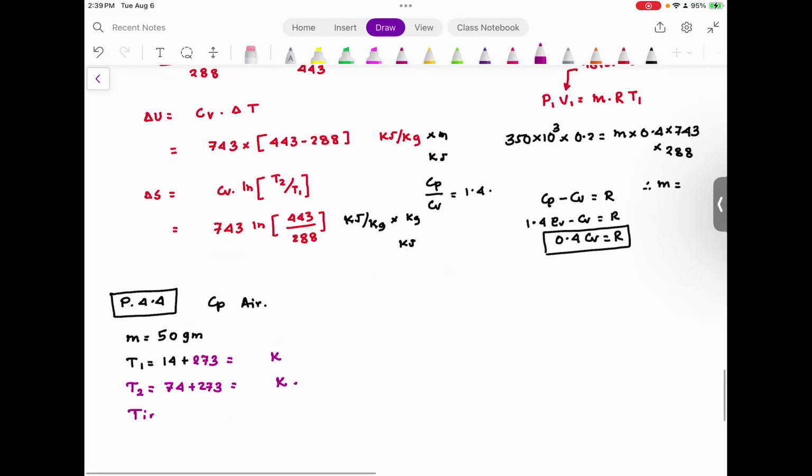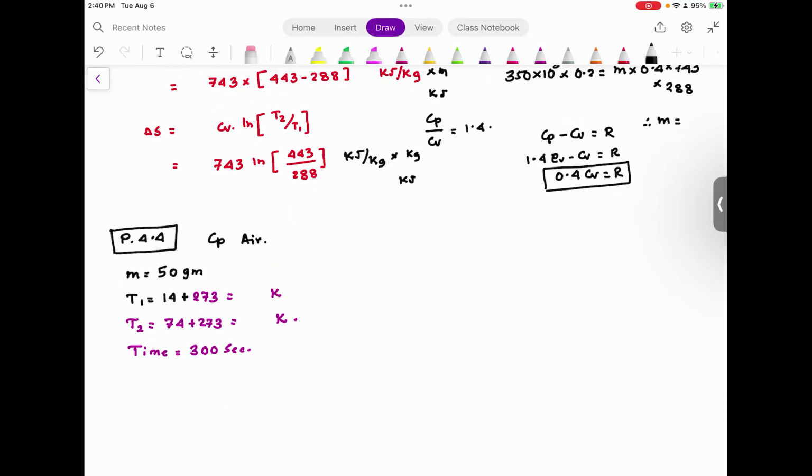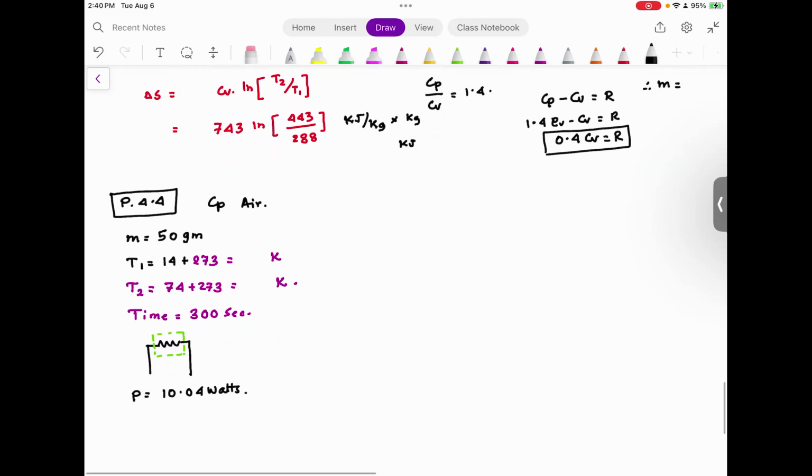So time is equal to 300 seconds. So it was like this. The power consumed is 10.04 watts. So gamma value for air is 1.4.